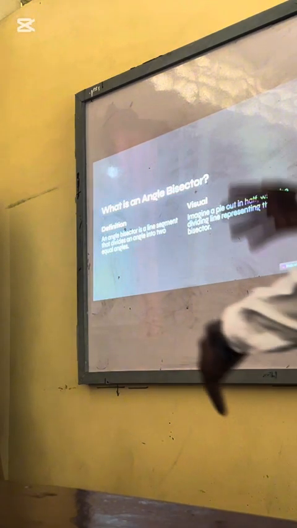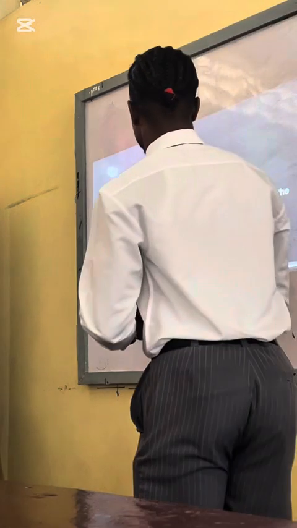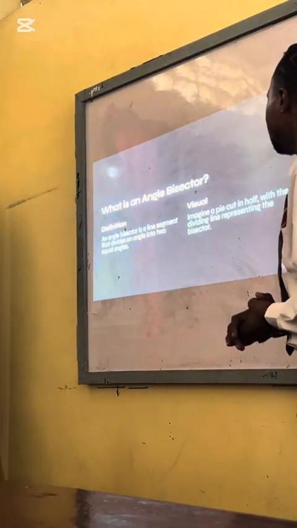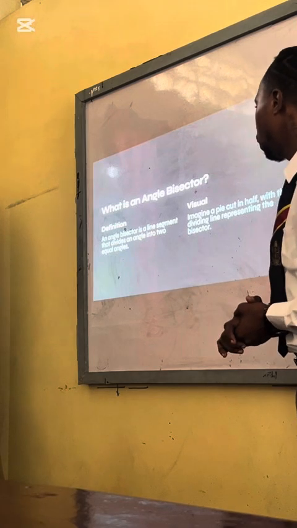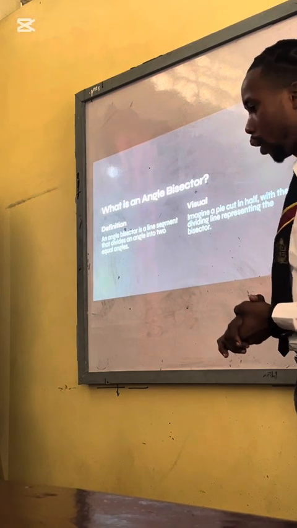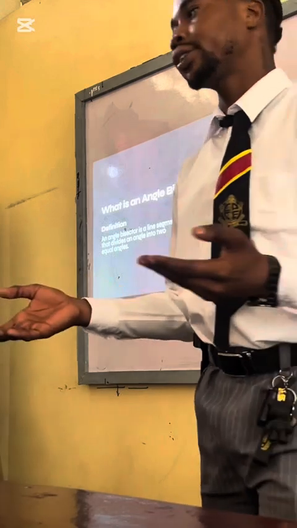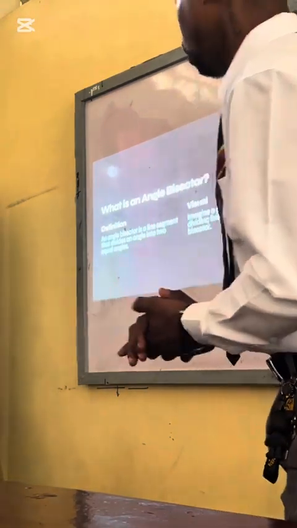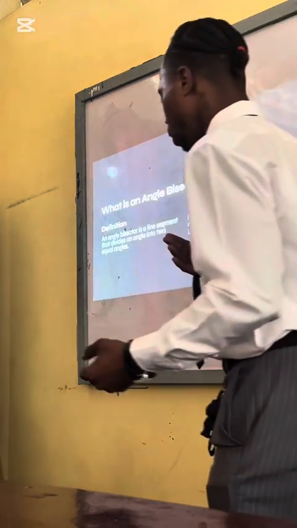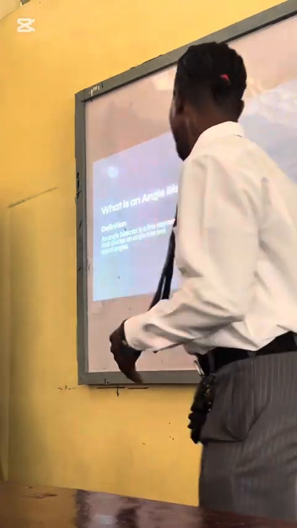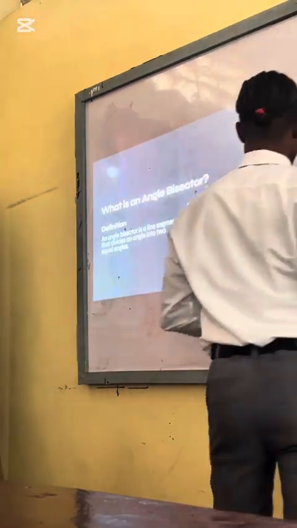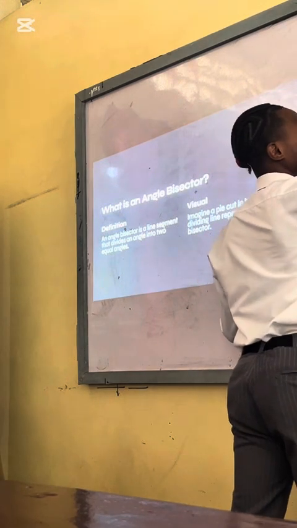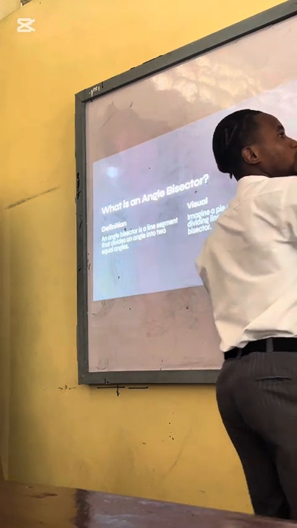Okay, an angle bisector is a line segment that divides an angle into two equal angles or two equal halves. That's basically what it's saying, right? Let us use an image, a visual representation. We have a pie. My circle isn't perfect, but we have a pie, right?